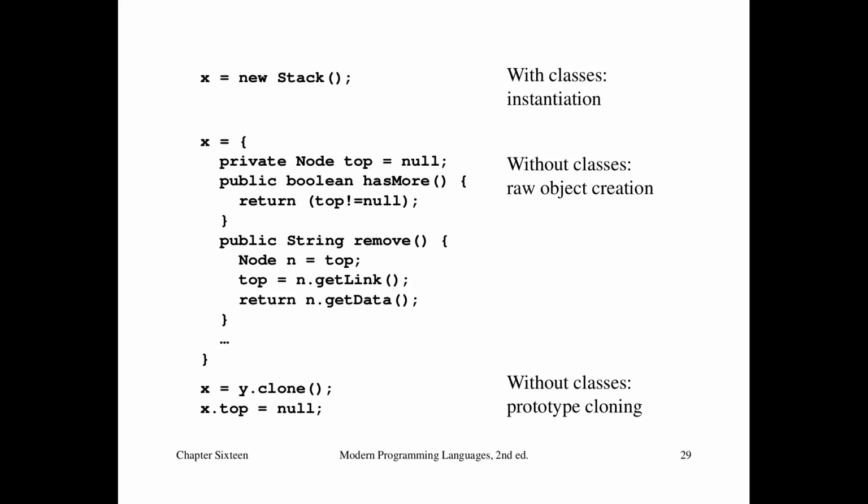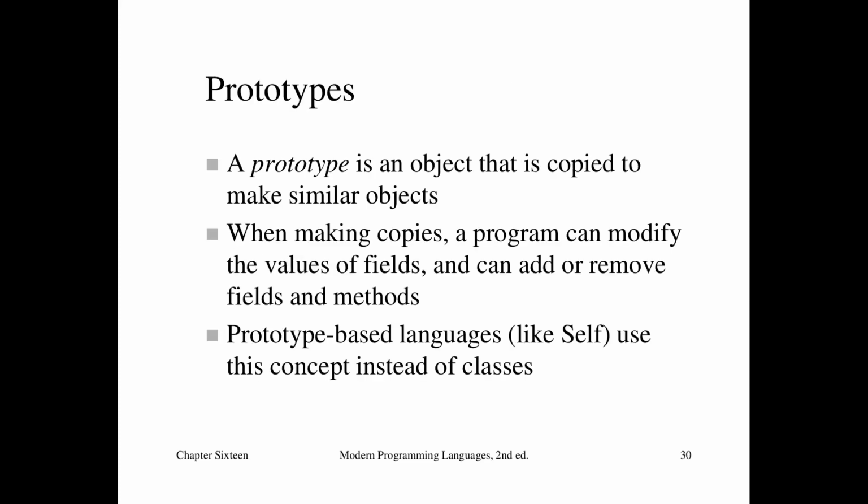Very few languages have actually been implemented as prototype-based systems. I would say the most well-known would be JavaScript. But basically, a prototype is just some object that is copied to make similar objects, right?